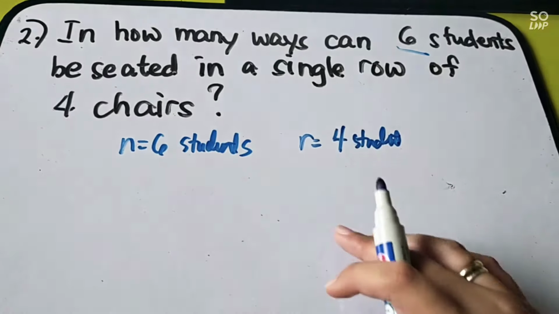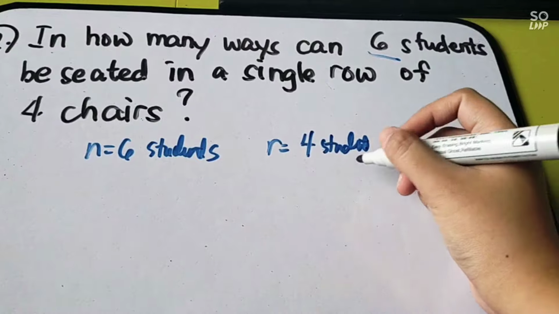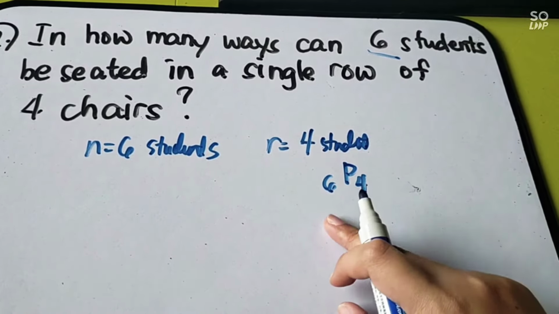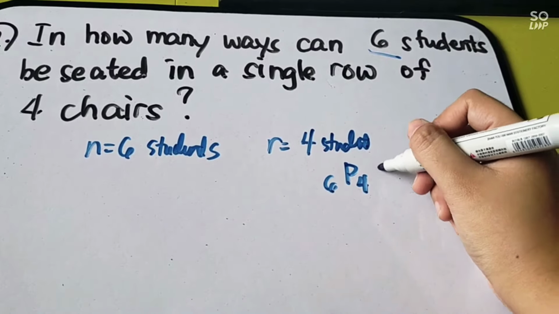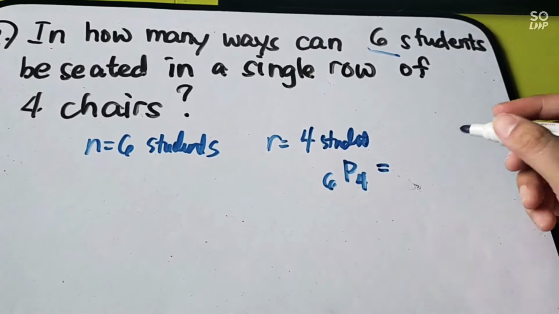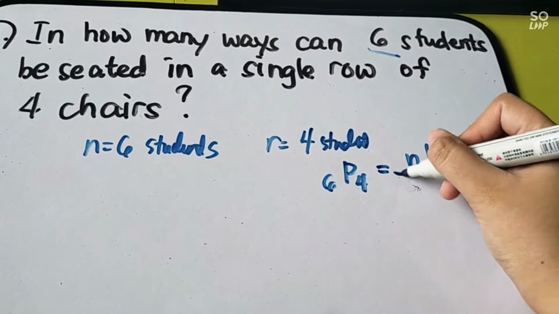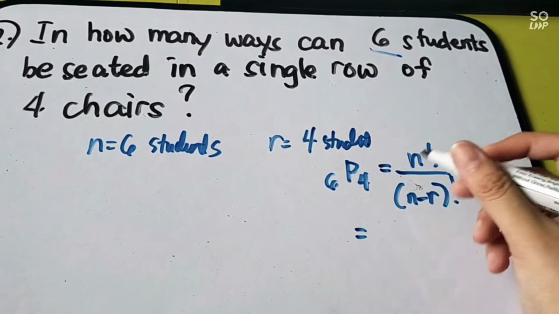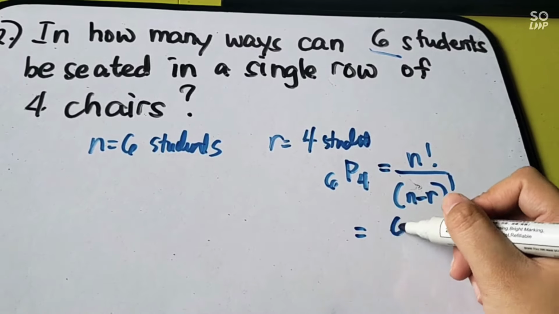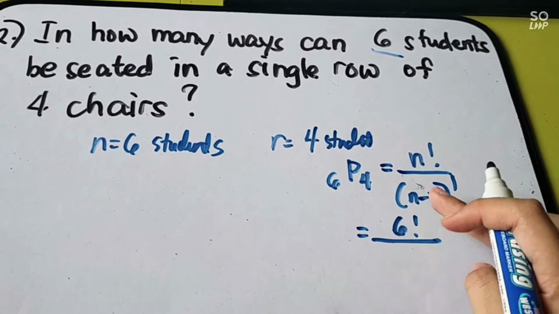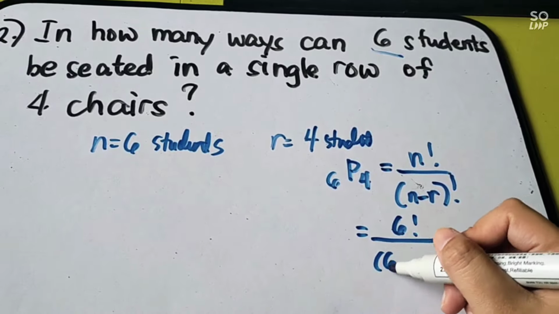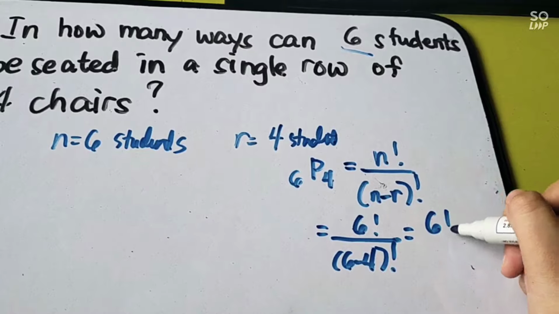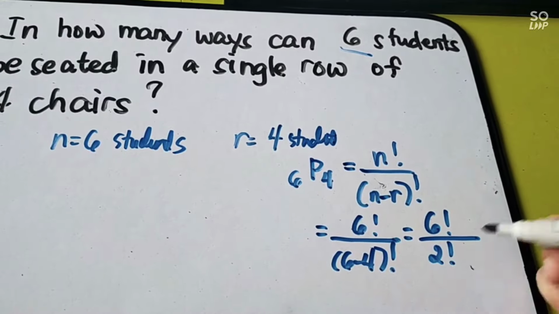Is it clear? So, therefore, we have 6P4. 6, ang tetake lang natin ay 4. Kasi 4 chairs lang tayo. So, we have n factorial over n minus r factorial. So, you have 6 factorial over n minus r, that is 6 minus 4 factorial, equals 6 factorial over 2 factorial.